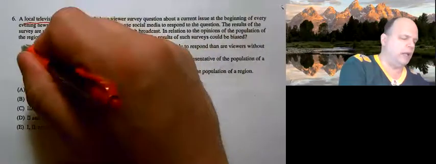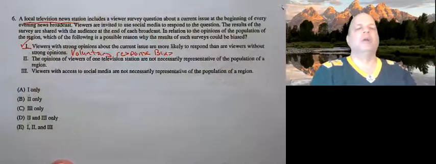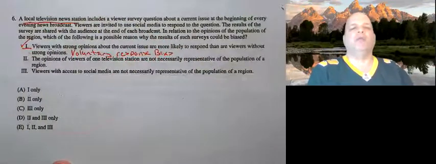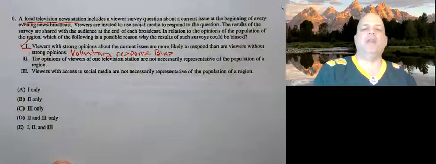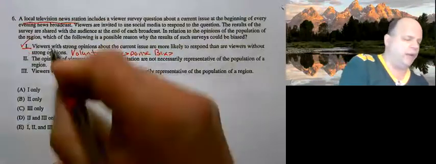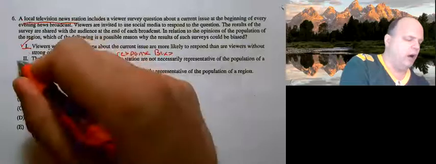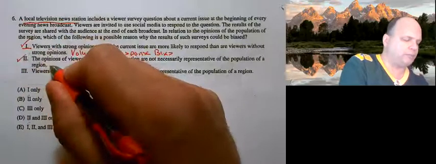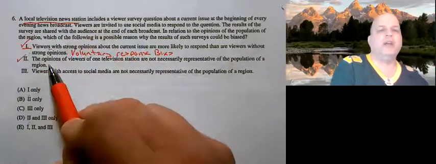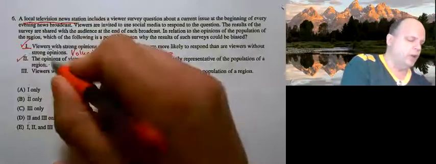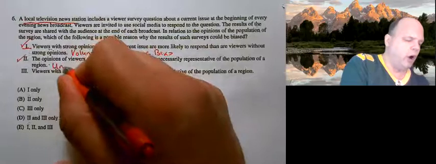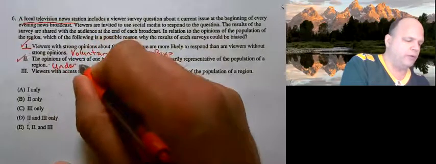The opinion of the viewers of one television station are not necessarily representative of the population of the region. Yes, we have a problem here of not sampling everything. So we have undercoverage here because we didn't cover all TV watchers.